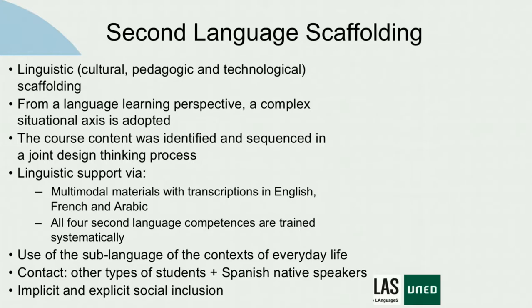And we were also concerned with every module teaching the 4 main competences, like writing, reading, speaking, and listening, so that there wouldn't be a lack of balance or any decompensation between the four areas.